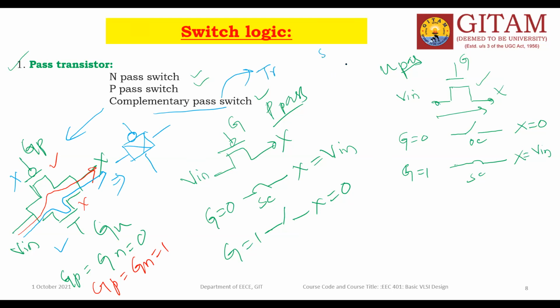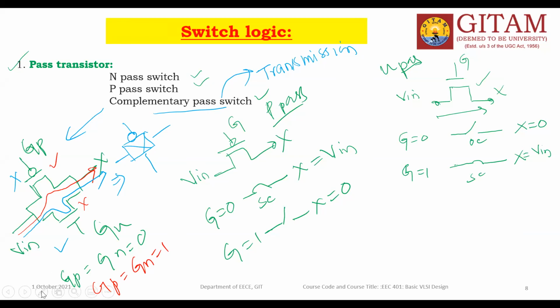So a pass transistor passes the signal from one side to the other when a suitable gate potential is applied. It acts as a switch, open and close. We have 3 different types of pass transistor switches: one is the N pass switch, one is the P pass switch, and one is the transmission gate or complementary pass switch.